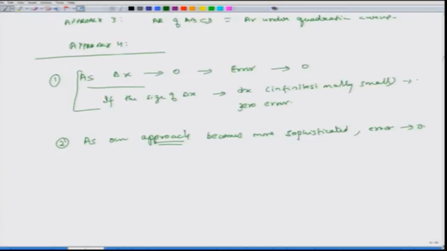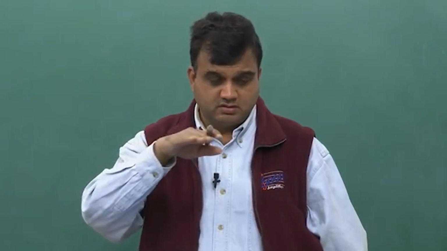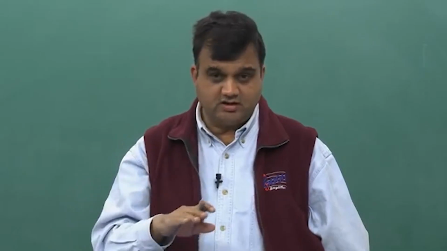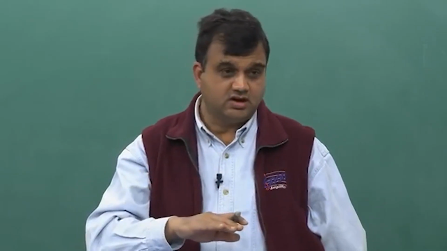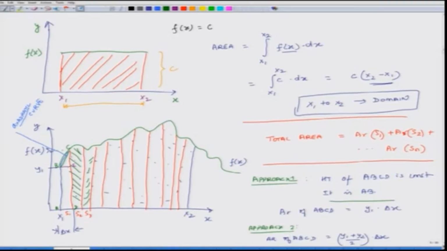This transition from point B to C, right, in the first approach there was no transition, it was constant. In the second approach it was a linear transition. In the third approach it was a quadratic transition. And this function which helps in understanding the transition is a constant function in the first approach, a linear function in approach 2, and a quadratic function in the third.